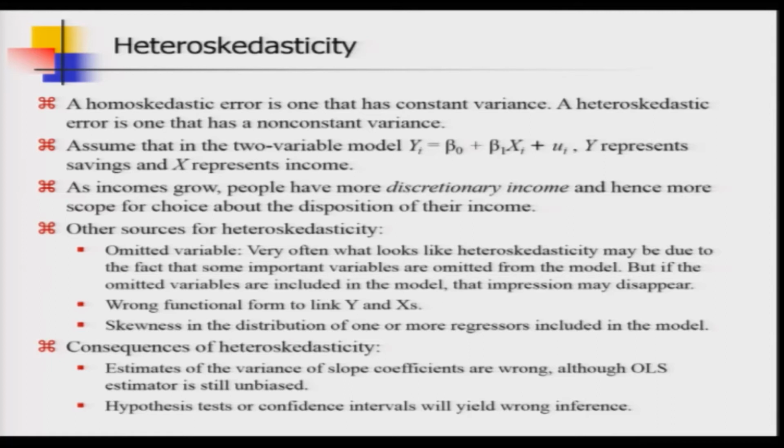So heteroscedasticity actually is linked with all these concepts that we already have explored. So it will not be a very difficult thing for you to appreciate what we mean by heteroscedasticity. So a homoscedastic error is one that has constant variance, and of course heteroscedasticity is just the opposite of that. So a heteroscedastic error is one that has non-constant variance, okay.